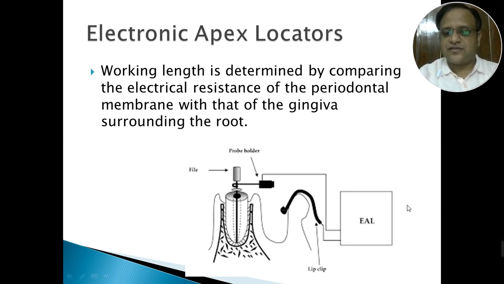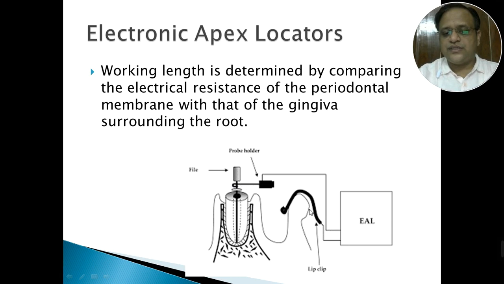In an electronic apex locator, you have two wires that are coming out. One is the probe holder or the lip, which holds the file, the K file or the reamer that you are using for working length purpose. The other part will have a lip clip.